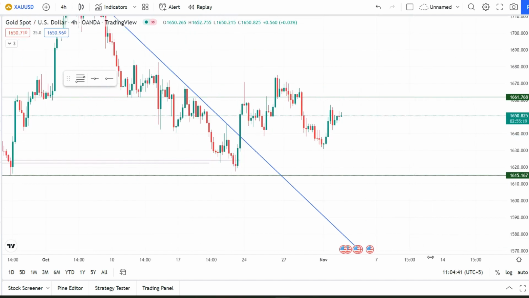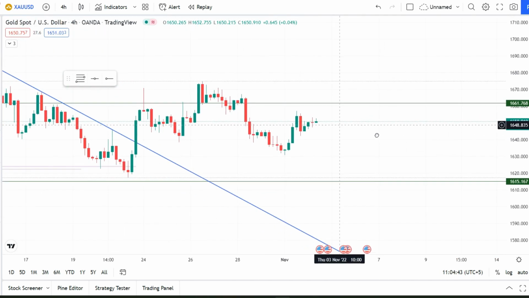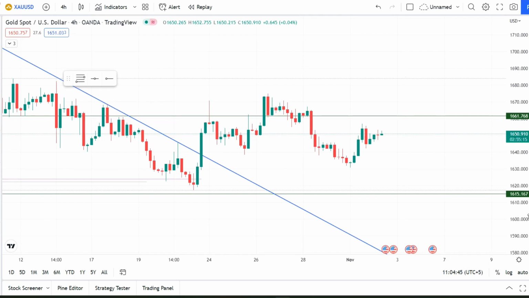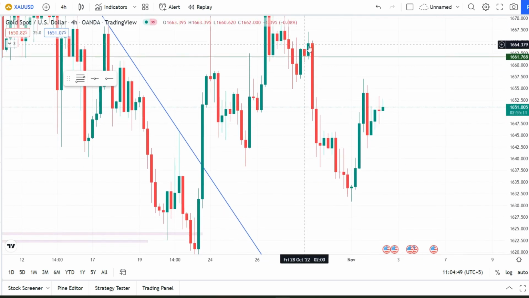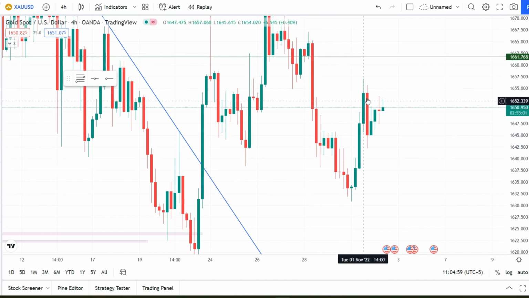So guys, on gold, I am seeing that the market recently fell downside from the 1665 area, then moved downside again, went upside, and is again trying to move downside.